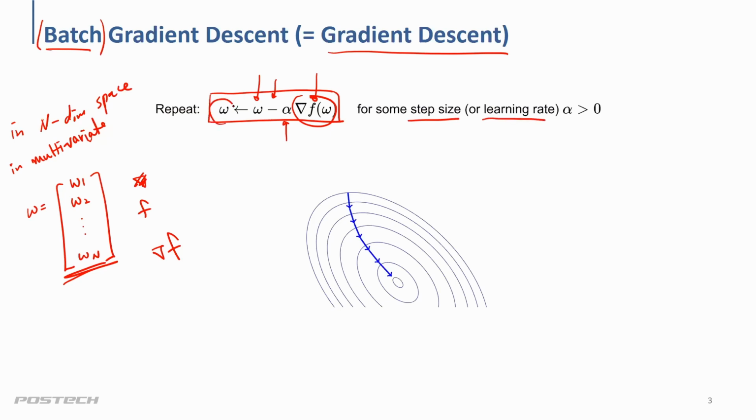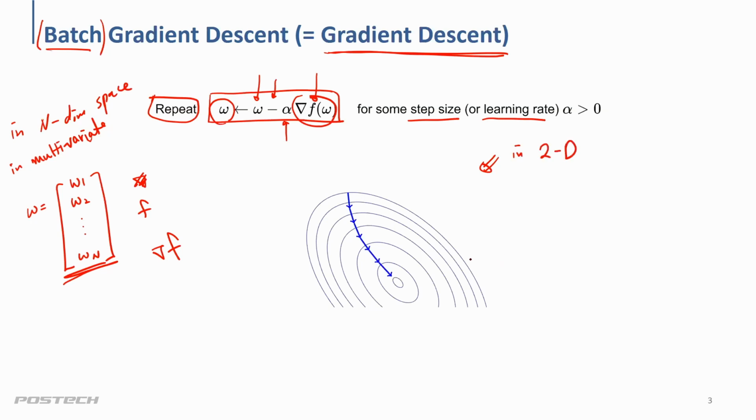Then there will be the updated omega, and we repeat the process until it converges to a promising value. That's gradient descent. I've explained it many times, so I'm pretty sure you are familiar with it. Here is the graphical illustration in 2D.